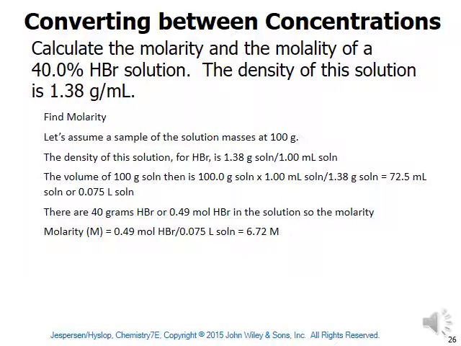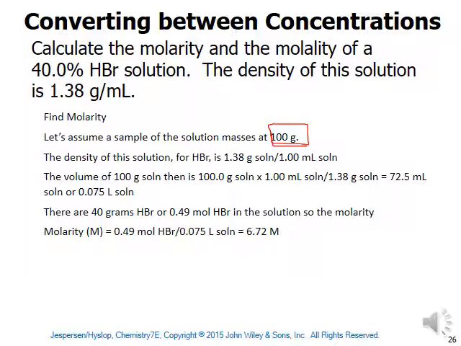Okay, another problem here. This one is going from percent solution to molarity and molality. We're going to do molarity first. And what we're going to do is assume that we have 100 grams of solution. Right.